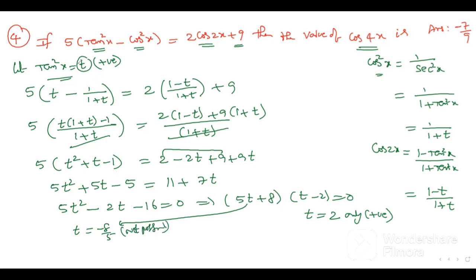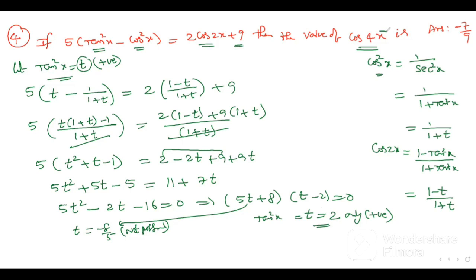Because t value we have already assumed as tan square x, which is always a square function, always positive. We should take t value 2 only. Okay, now t is nothing but tan square x. Tan square x is equal to t is equal to 2.